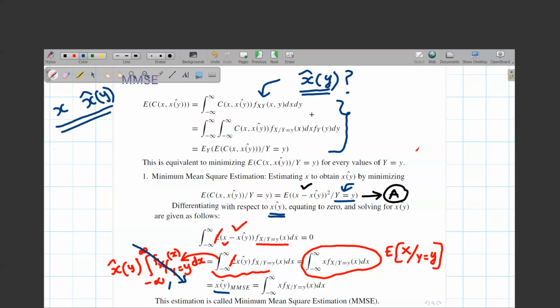And then what could be the better way? We are interested in minimizing that error involved in assigning x as x cap of y, right? We are trying to minimize this. So our requirement is to find out this x cap of y, right?